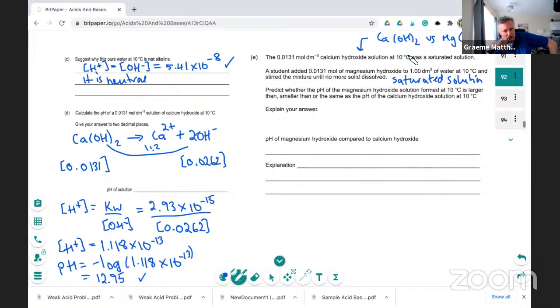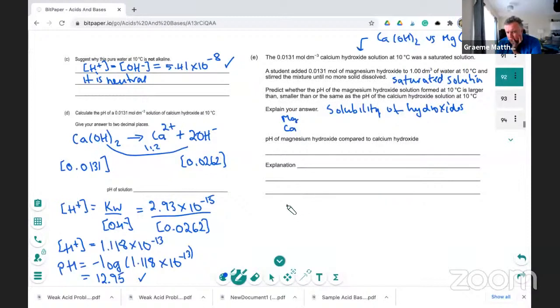So what I'm thinking is, could it be a synoptic link, something to do with the solubility of the hydroxides? Group 2: calcium is below magnesium, right?